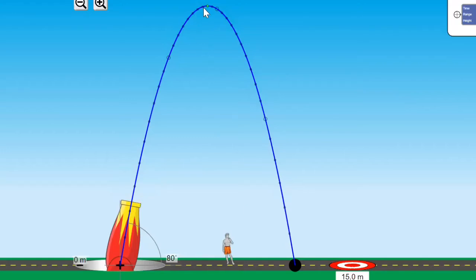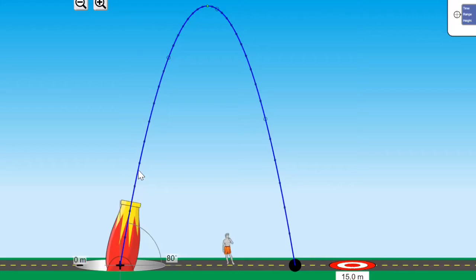Maximum height is when the vertical velocity is equal to 0, because as you know, we have an initial velocity here that has two components, ux and uy, and uy is changing because there is a force acting on the object, that is gravity, which is downward, opposite of the object's motion.